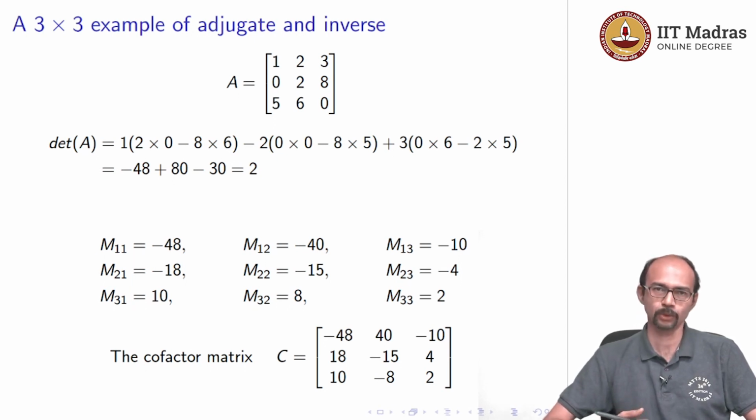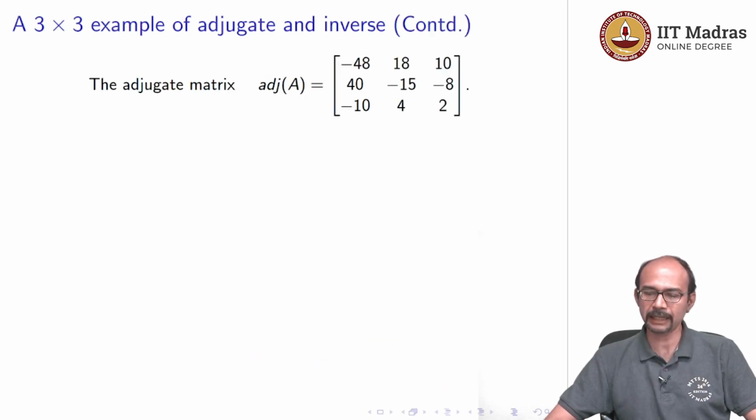Again, this is something you have to compute by yourself, but I hope the ideas are clear that to compute the adjugate you have to compute the minors first. To compute the minors Mij, you hide the ith row and the jth column and compute the determinant of the resulting matrix, and then multiply that by minus 1 to the power i plus j and put that into a matrix that will give you the cofactor matrix.